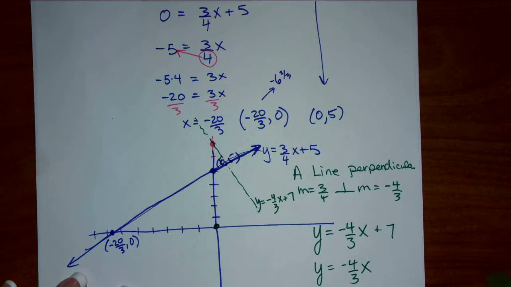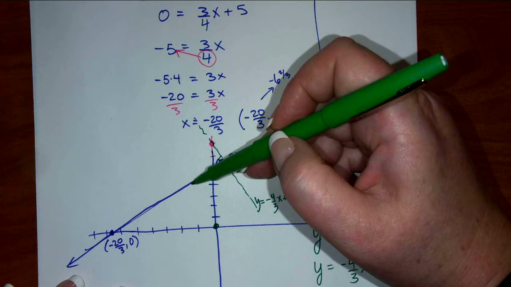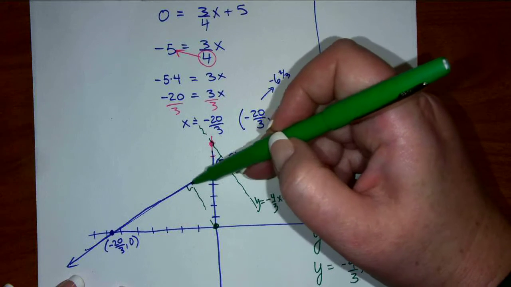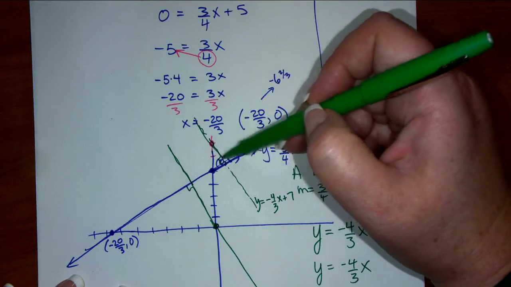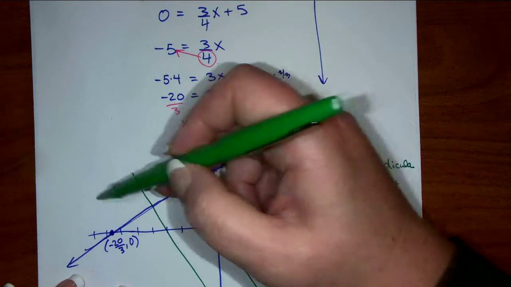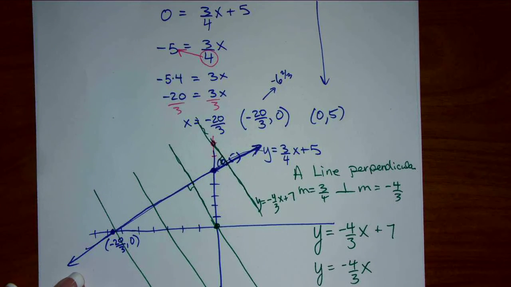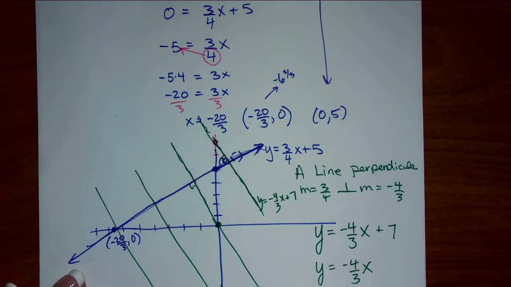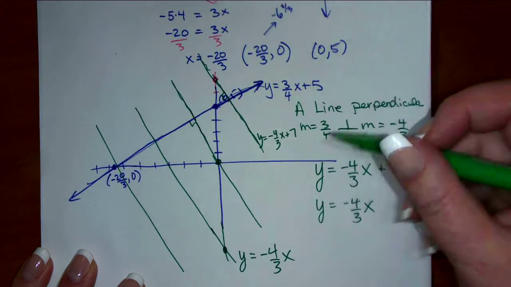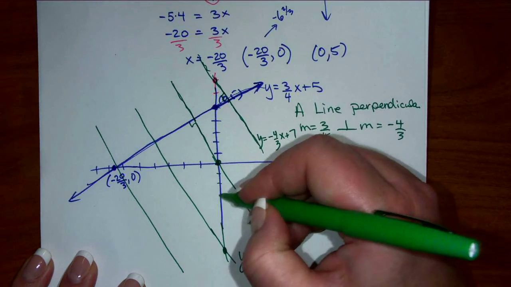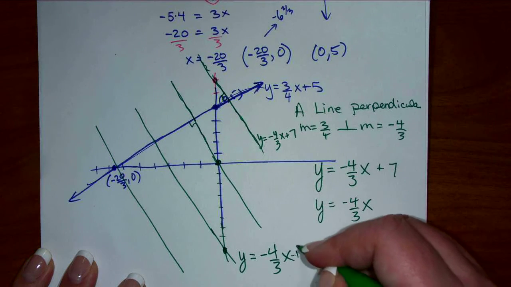And I'm guessing what perpendicular looks like to that. Any line. And wherever it hits, like if this was y equals -4/3x, where does that look like it hits? Let's say 1, 2, 3, 4, 5, 6, 7, say 8, -8, right?